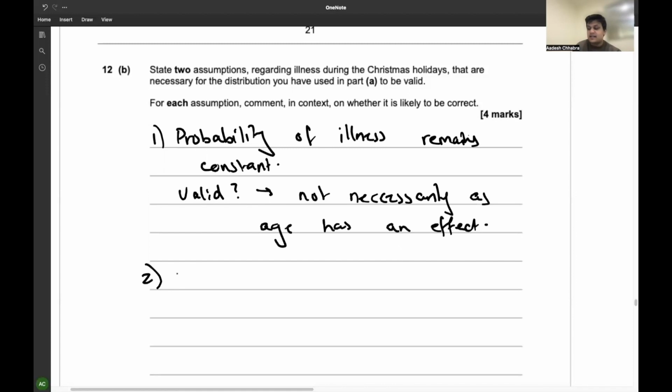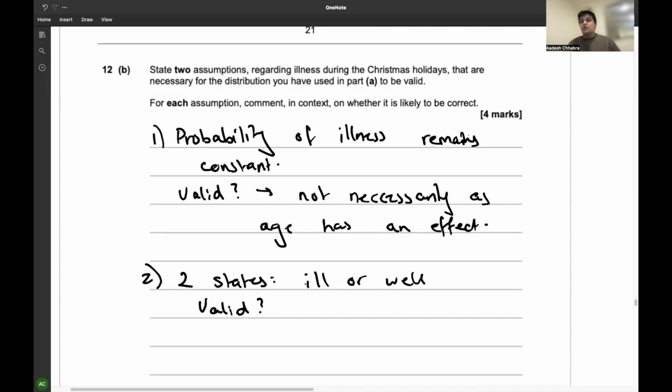Okay, now our second assumption could be the fact that this model does assume that there's only two states of well-being, either you're ill or you're not ill. So we can go ahead and assume that there's two states, i.e. ill or well. And is this valid? Well, that's unclear. Why?